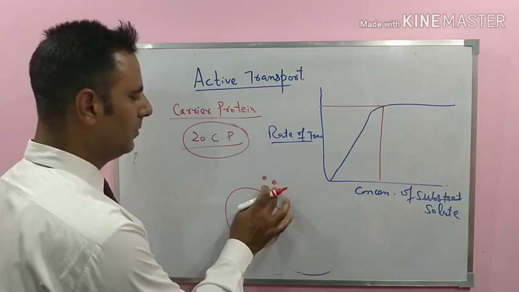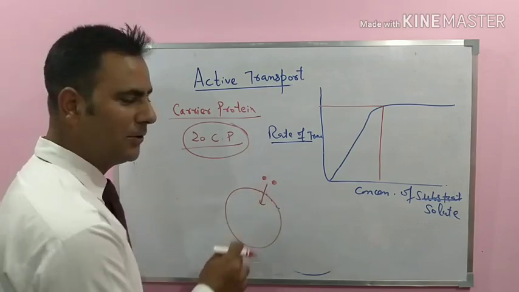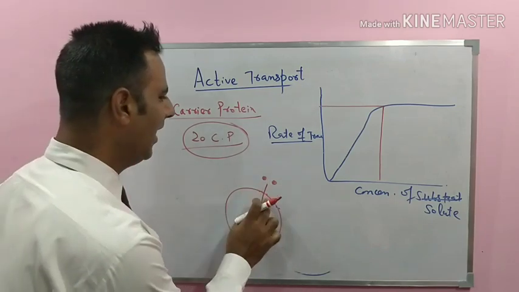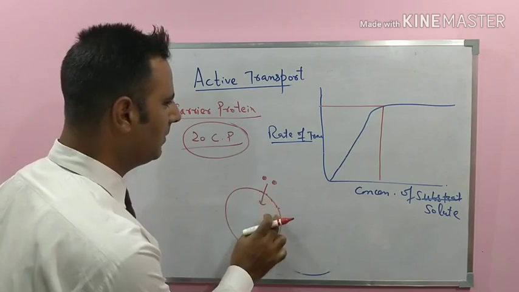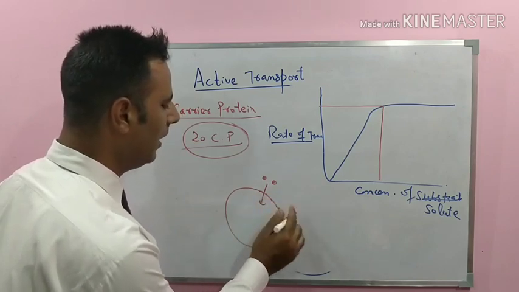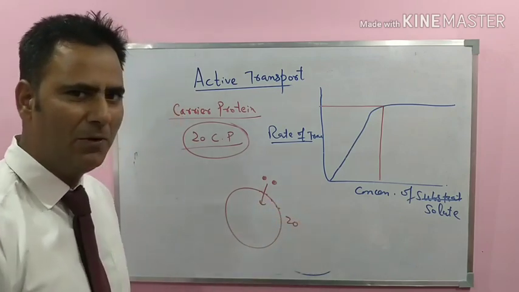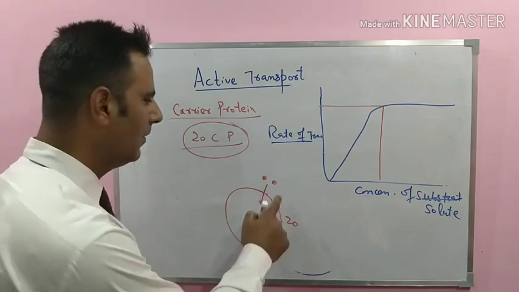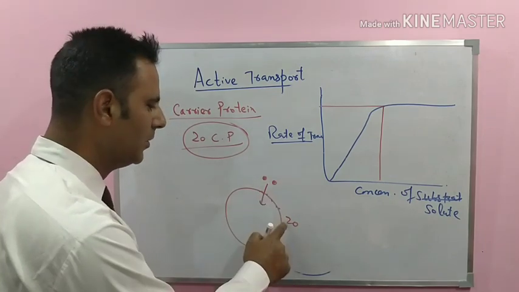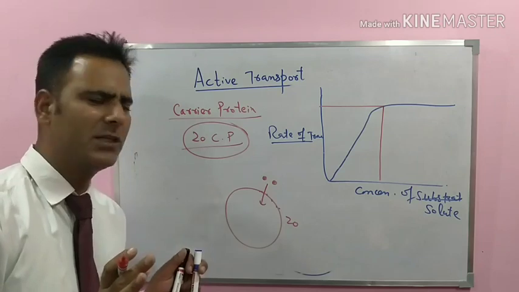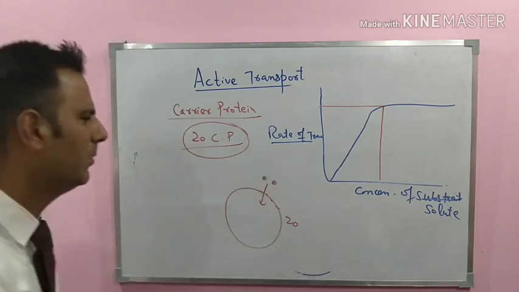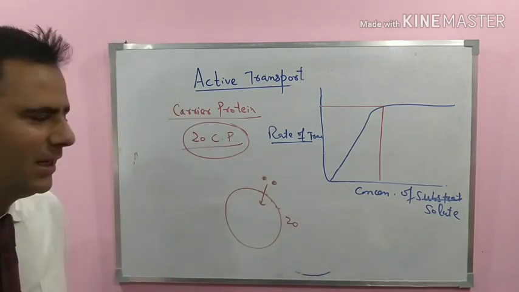How do these two solute molecules cross from this side to that side? How many carrier proteins do we have? We have 20. There is availability of 20 carrier proteins, and we have only two substrate molecules. Any two carrier proteins will come and take them instantaneously from this side to that side, right?